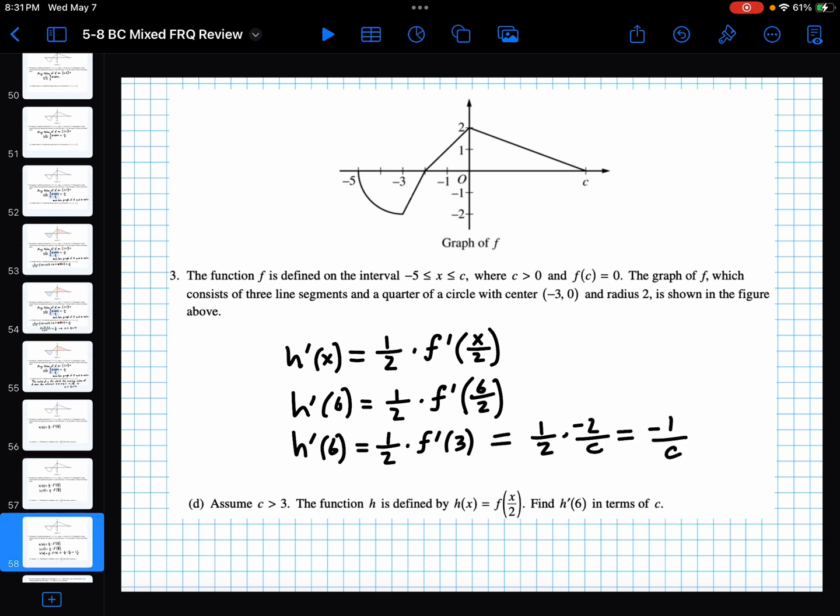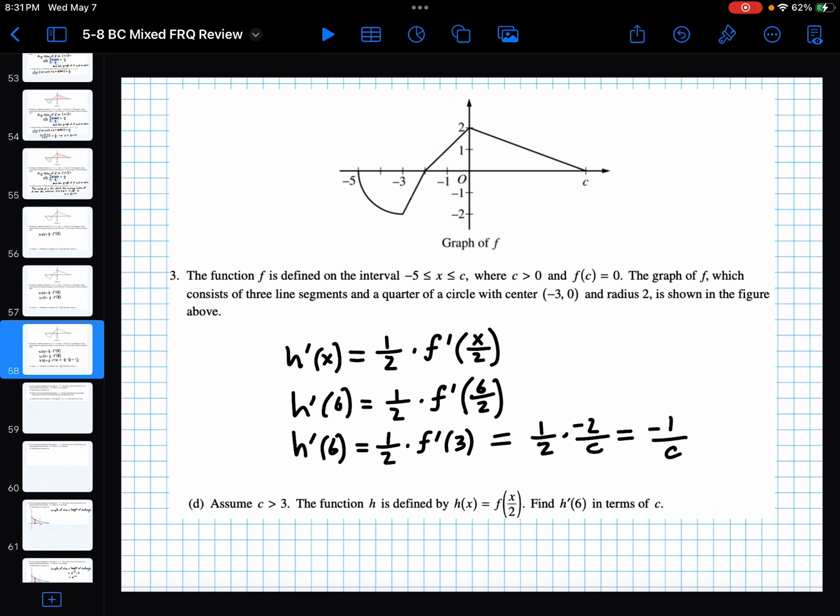So f prime of 3: they said assume c is greater than 3, so 3 is going to be between 0 and c. That means that f prime of 3 is the slope of that linear piece that goes from y equals 2 down to c. That's a fairly easy thing to work out.